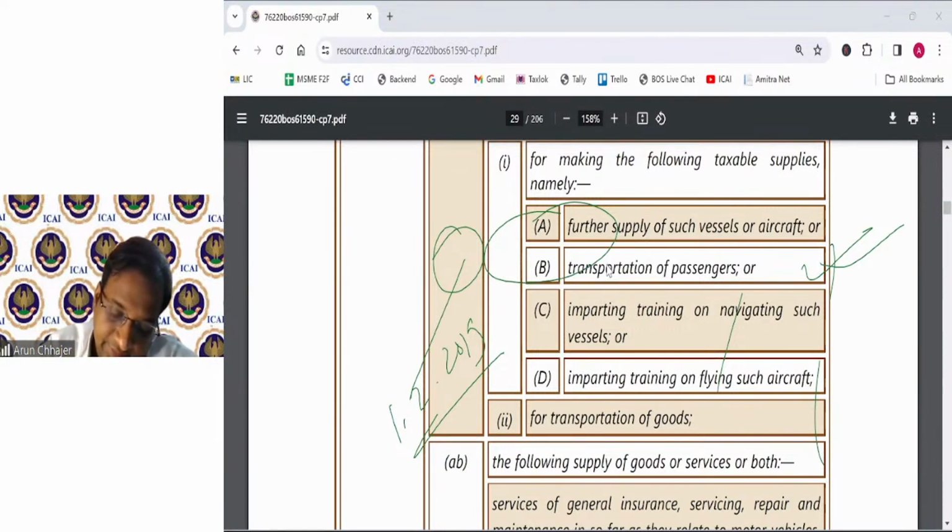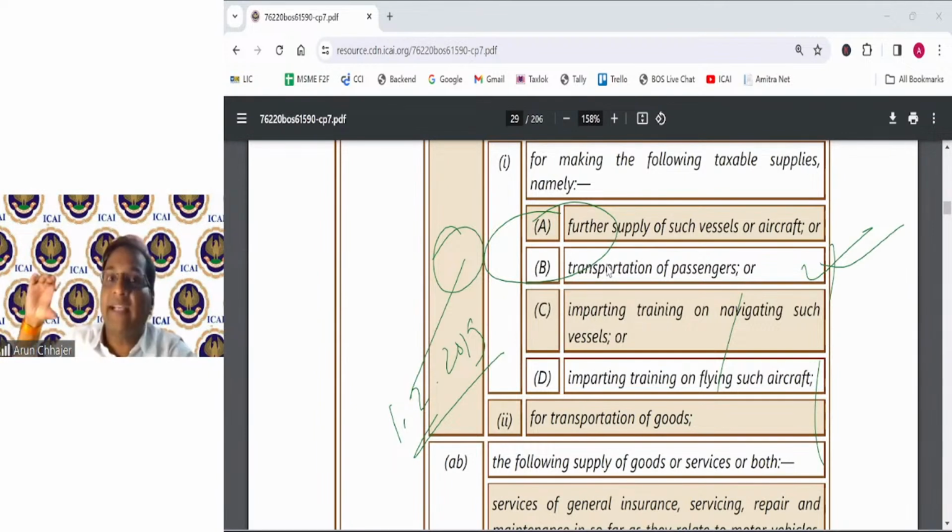See, Aniket, in the below three situations, further supply means the same motor vehicle is being sold or used or disposed of. If the vehicle is up to 13-seater and used for the transportation of person, then it is blocked.